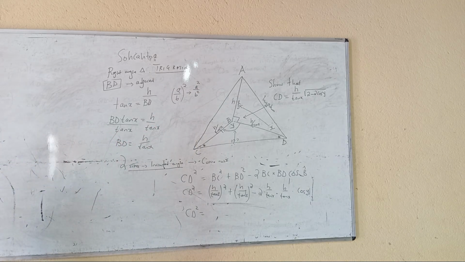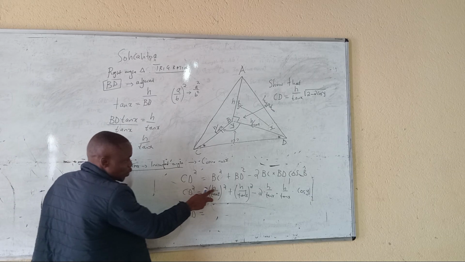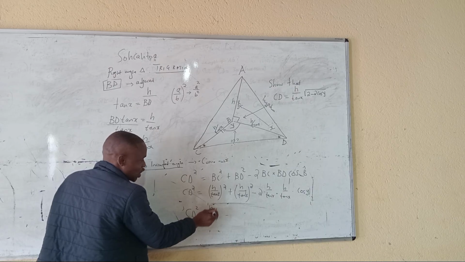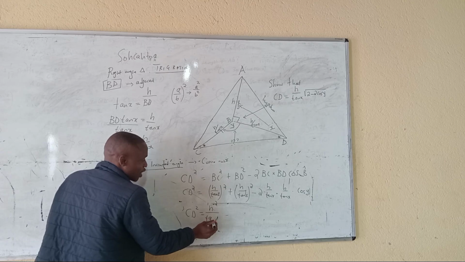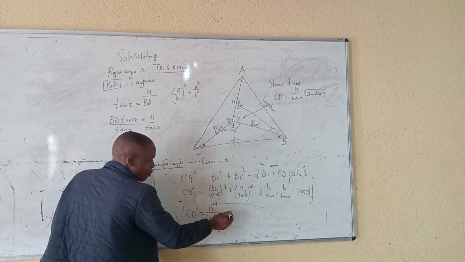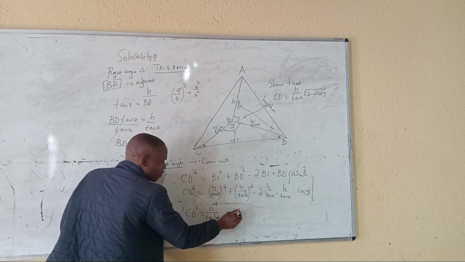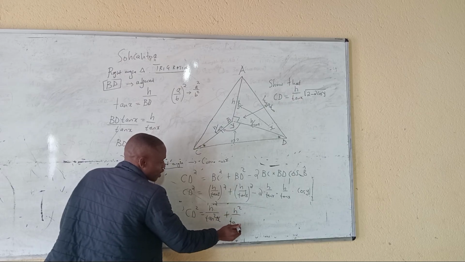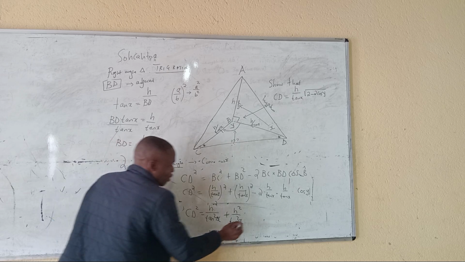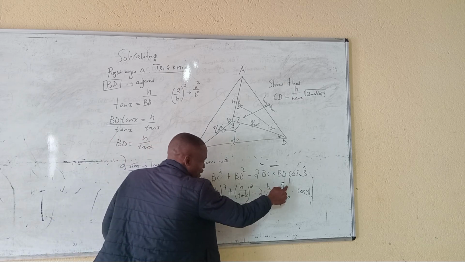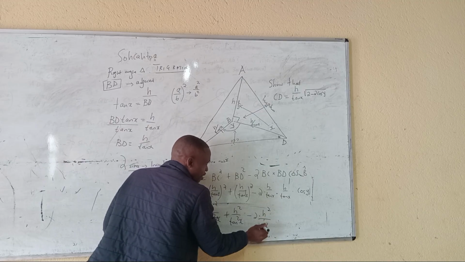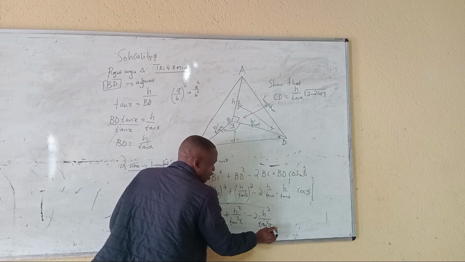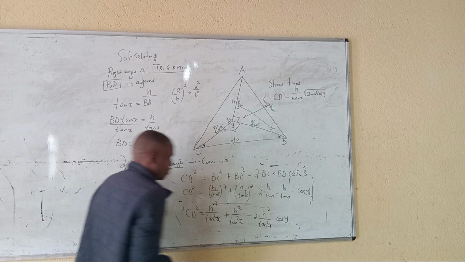The exponent 2, you raise it to A, you raise it to B. So here, you raise this 2 to H squared, you raise this 2 to tan squared x, plus H squared over tan squared x, minus 2 H times H is H squared, tan times tan is tan squared, cos Y.